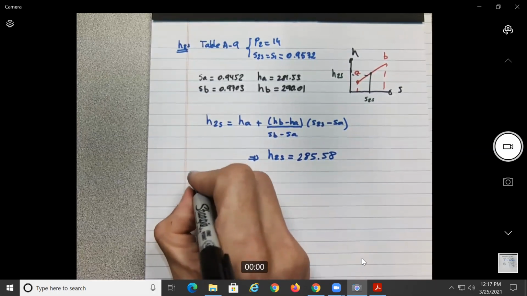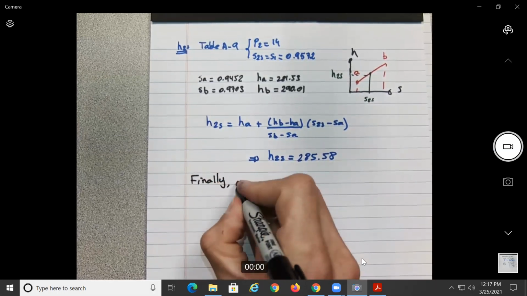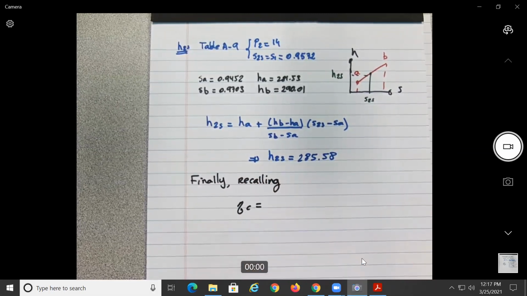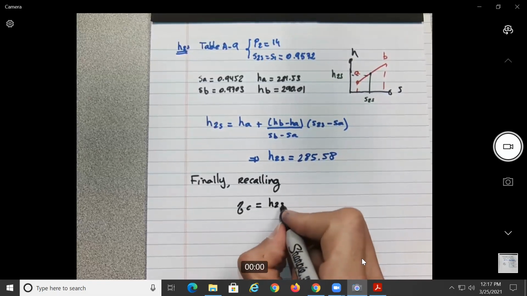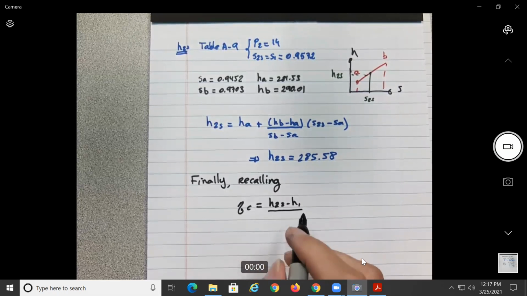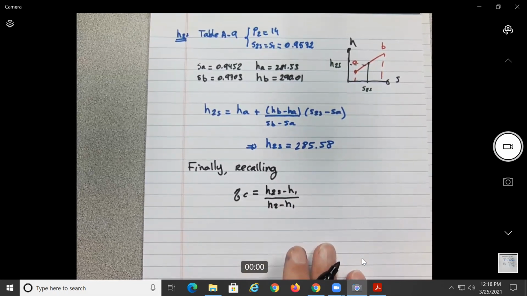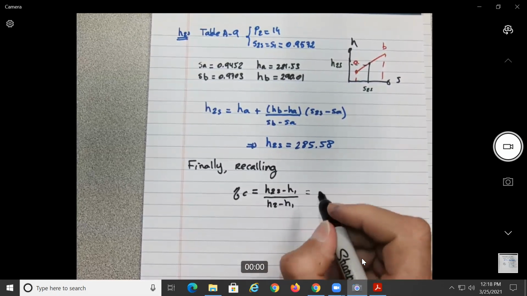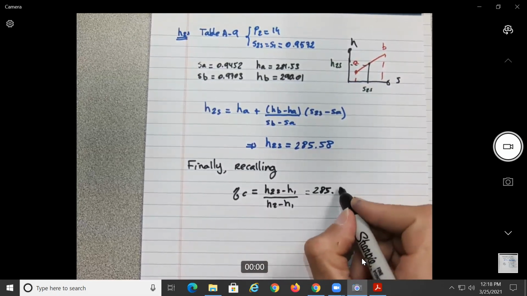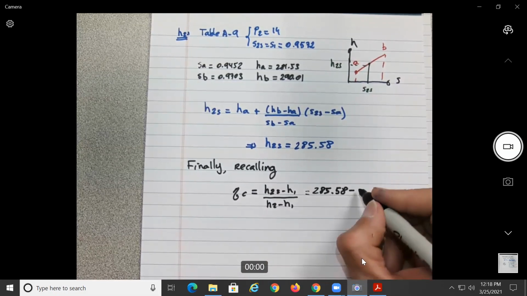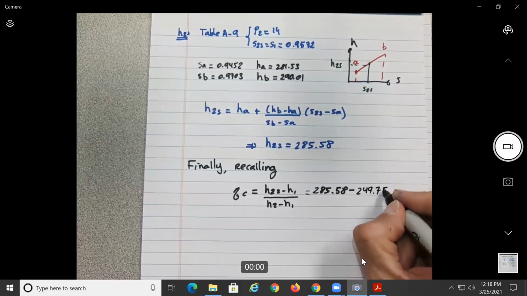Okay, so finally, recalling the expression for the efficiency of the compressor, that was H to S minus H1 divided by H2 minus H1, will give us what? 285.58 minus H1, we found that to be 249.75.